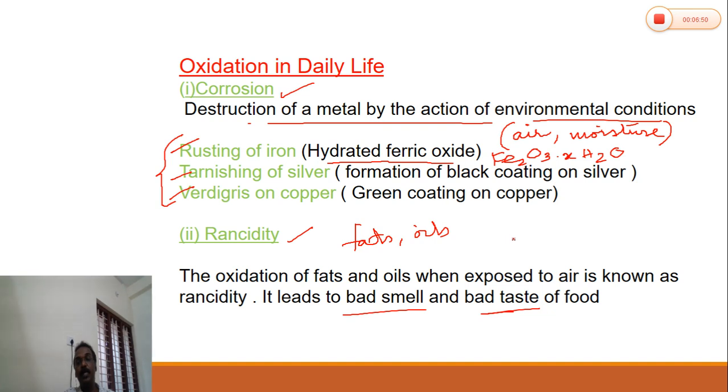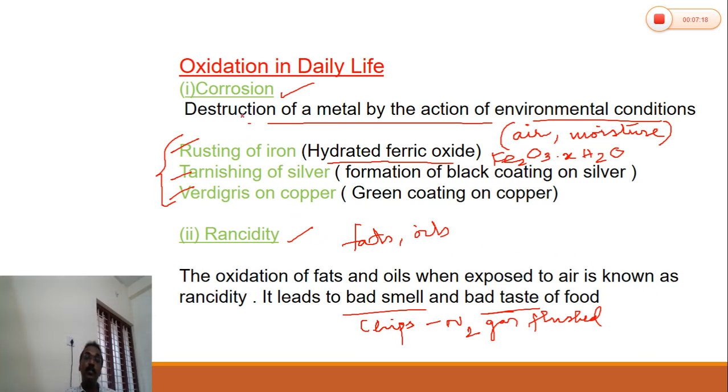Rancidity can be prevented by keeping food items in airtight bottles or in a refrigerator, or in the case of chips and such items, we can flush nitrogen. Nitrogen gas is flushed in the packets of chips and other oily food. Thus, we can prevent rancidity.